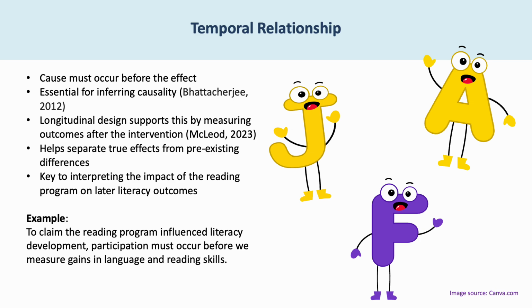And this allows us to track changes over time and establish that the exposure, in this case the program participation, happened before any observed changes in literacy skills. Without a clear temporal sequence, that is the order in which events unfold over time, our ability to interpret results as reading program effects would be significantly weakened.